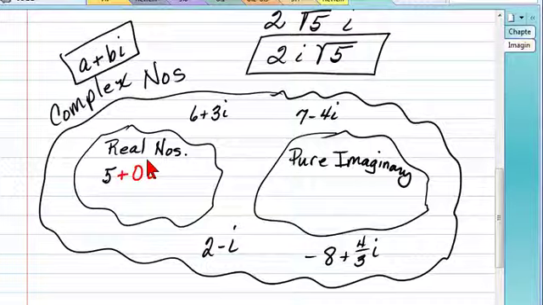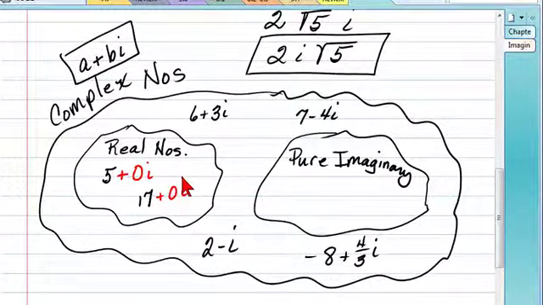When we deal with real numbers, the imaginary piece is always 0. So if I had the real number 17, as a complex number, it is 17 plus 0i. A real number is a complex number whose imaginary piece is 0.